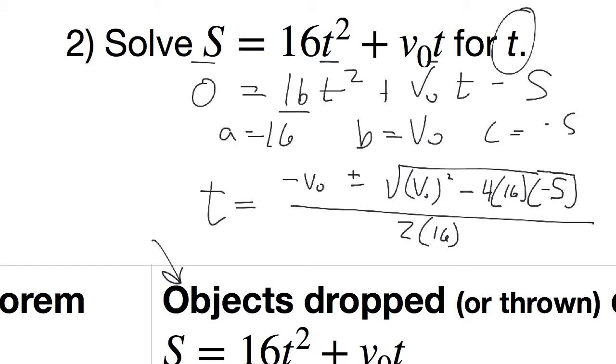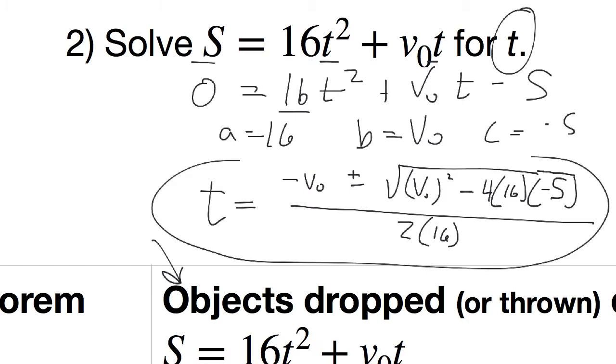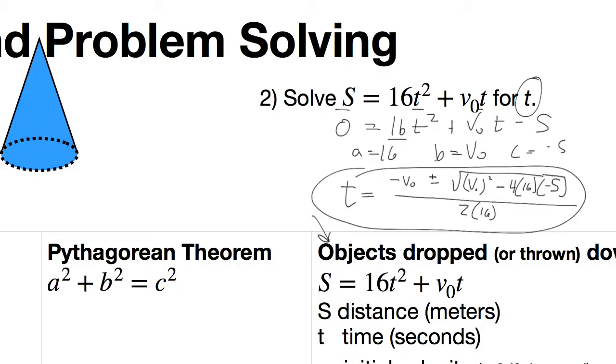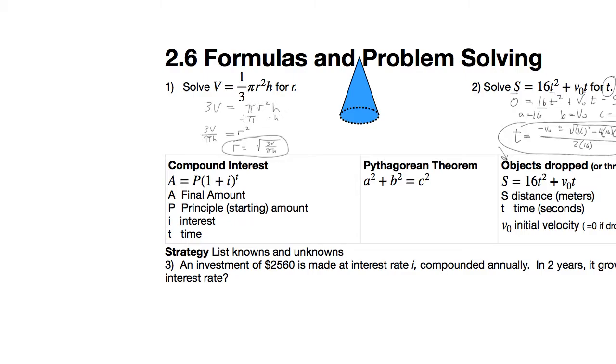You get t is equal to the negative b plus or minus the square root of b squared minus 4ac all over 2a. And of course you can simplify this a bit further. You can multiply the 4 and the 16, cancel out the negative and minus, and then multiply 2 times 16. But for right now, that's all I really want to write. I'm just going to leave this as it is. You can simplify it later, but I don't have space, and I don't really feel like it right now.